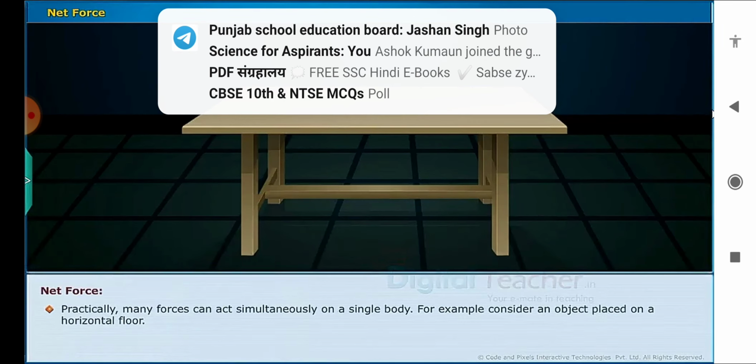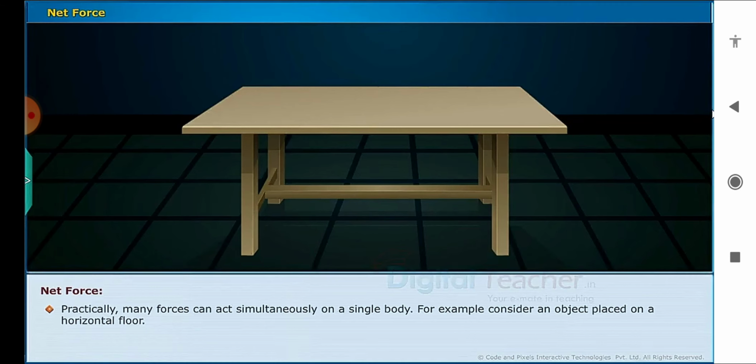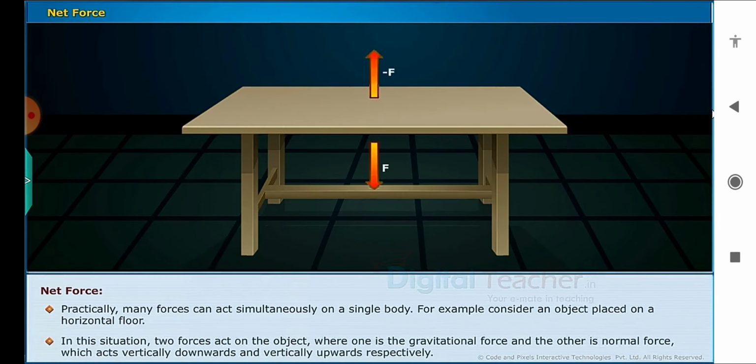Practically, many forces can act simultaneously on a single body. For example, consider an object placed on a horizontal floor. In this situation, two forces act on the object, where one is the gravitational force and the other is normal force, which acts vertically downwards and vertically upwards respectively.